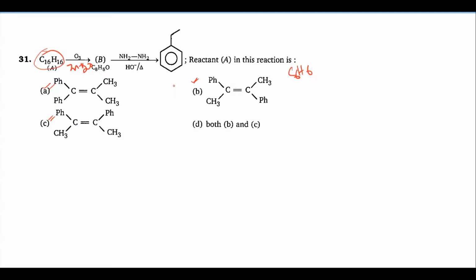So this is an ozonolysis. You have to get ethyl benzene. This is ethyl benzene. On ozonolysis, you are going to get ethyl benzene. If you wanted to get ethyl benzene, you just try with the options.